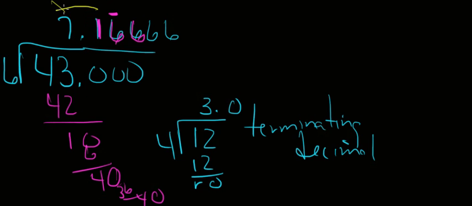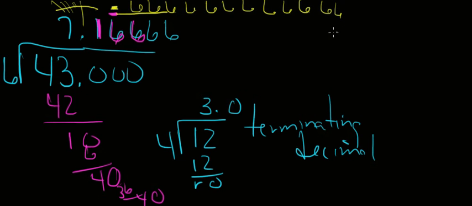There's no need to put that repeating bar over all the 6's, because you're simply saying that 6 continues to repeat, which means if we were to do the math, it would just keep on going and going and going. Okay, so that's our new concept.